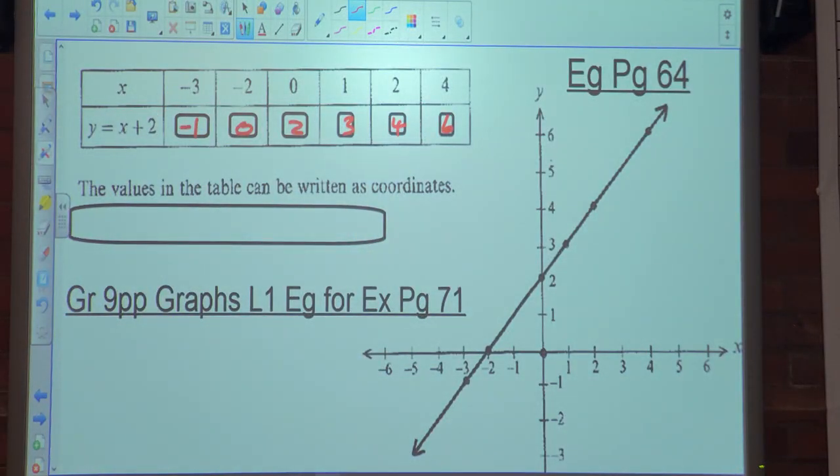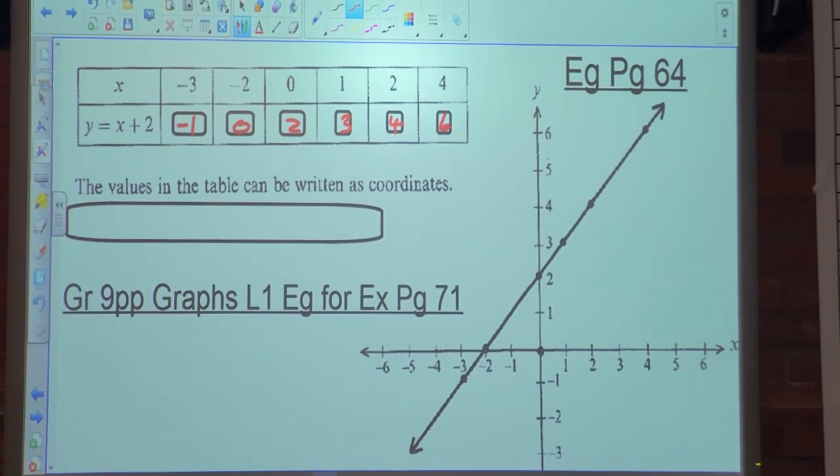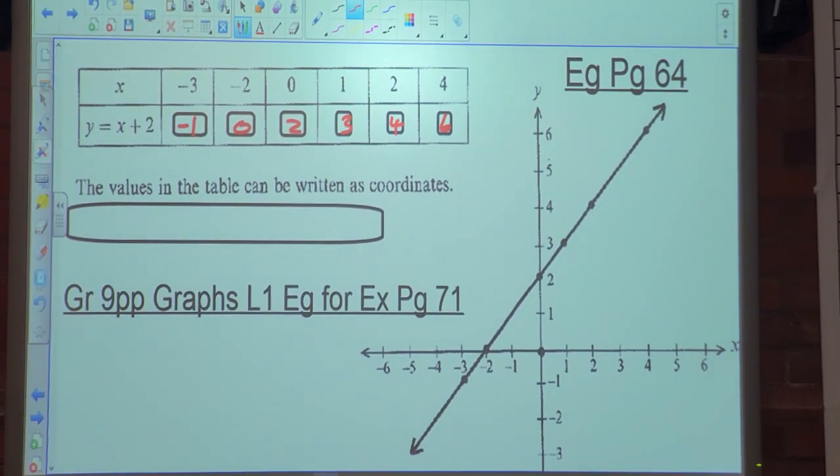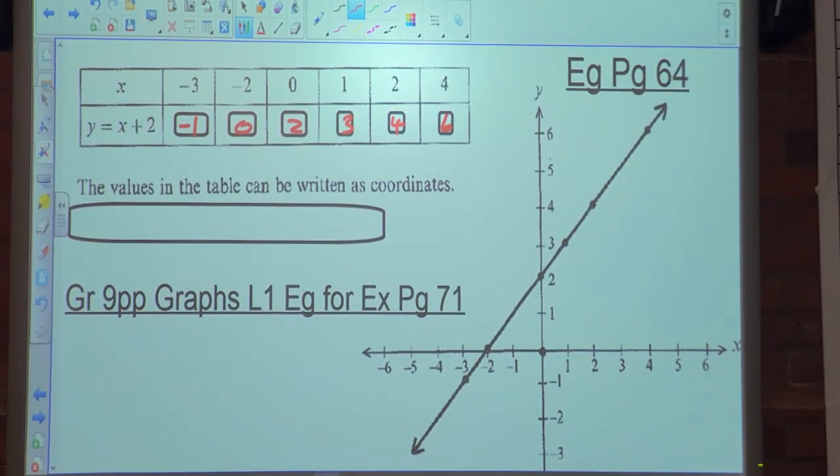So now the question says the values in the table can be written as coordinates, also known as ordered pairs.